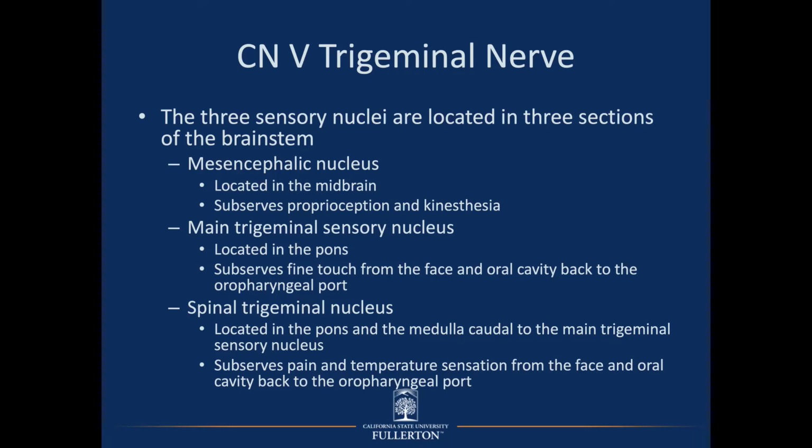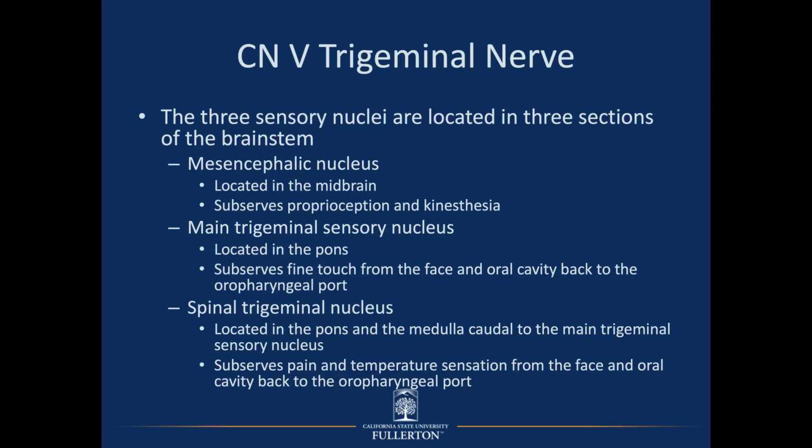Now, we're going to put that one to the side, because as SLPs, I don't think we're really going to test pain and temperature sensation for the face. But all 3 of those deal with the same region. It's the whole face, and it's the whole oral cavity back to the oropharyngeal port. Once you get behind the oropharyngeal port, you're in the pharynx. That's a different cranial nerve.